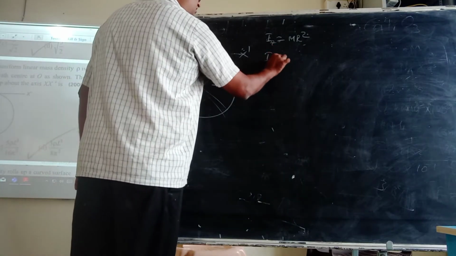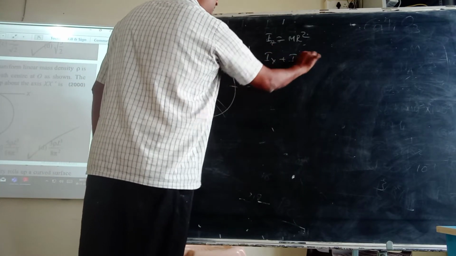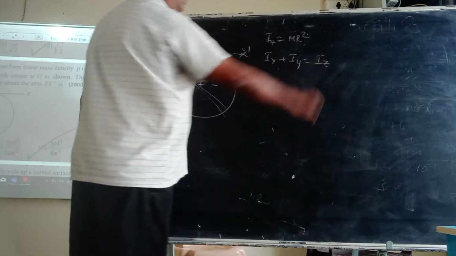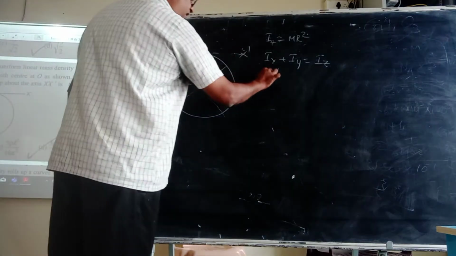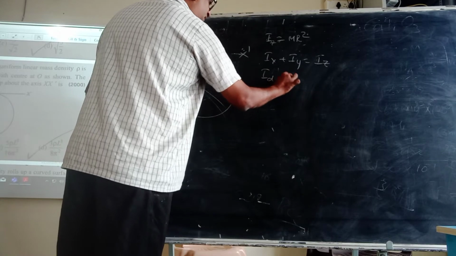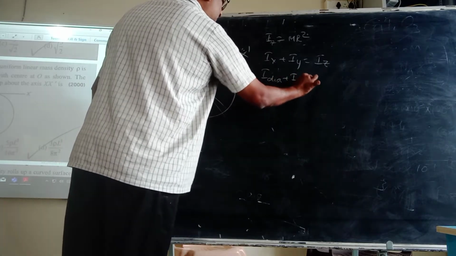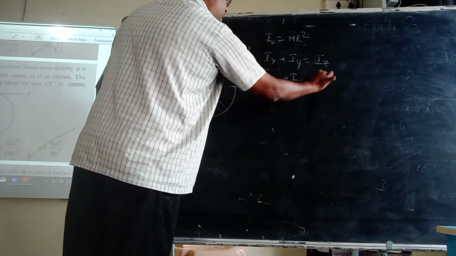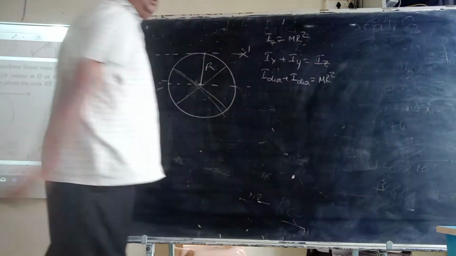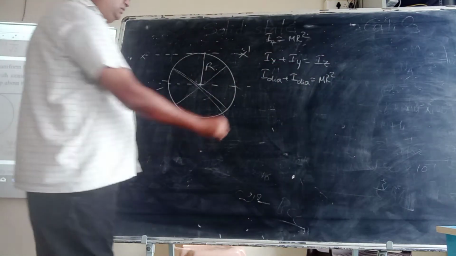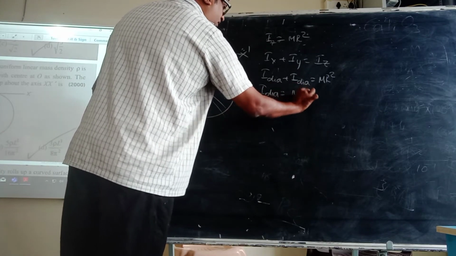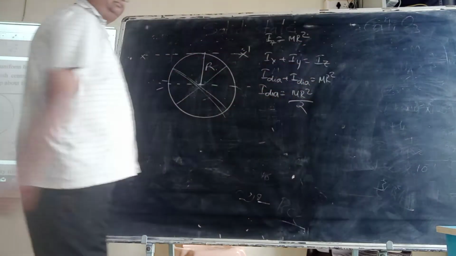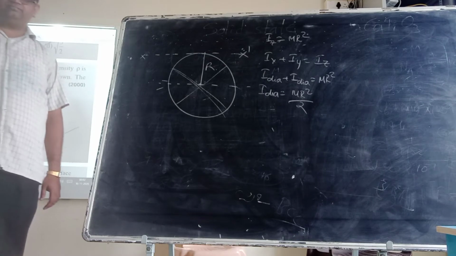So, perpendicular axis theorem is Ix plus Iy is equal to Iz. Right? But here what is Ix? It is I dia plus I dia is equal to mr square. Correct? Or your I dia is equal to mr square by 2. Clear?